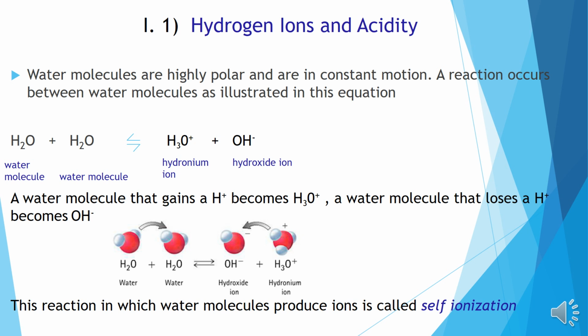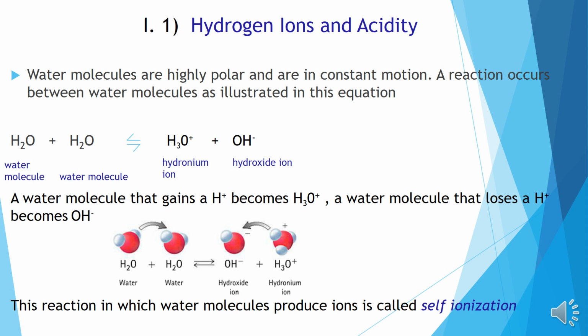As you know, when collisions between the molecules occur in a proper and oriented way, and with enough activation energy, they produce a product. So a reaction occurs between water molecules as illustrated in this equation. Two water molecules in a reversible reaction will give hydronium ion and hydroxide ion.